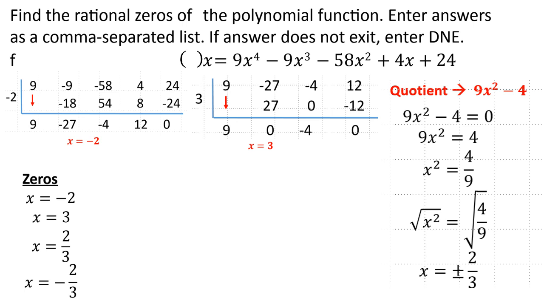With an x squared, we have different options. So here we did it using the square root property. So over here I have all of my zeros. Now, for this one, the factors are x plus 2, x minus 3, x minus 2/3, and x plus 2/3.